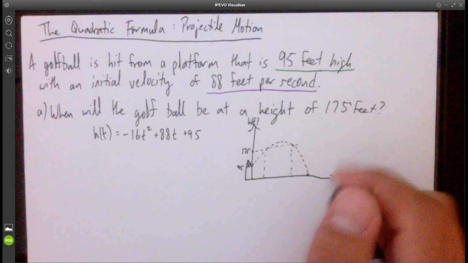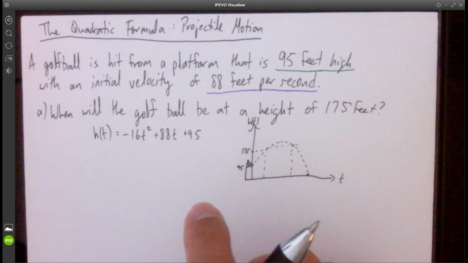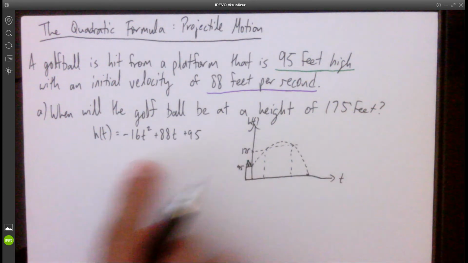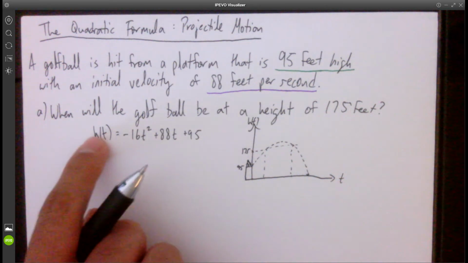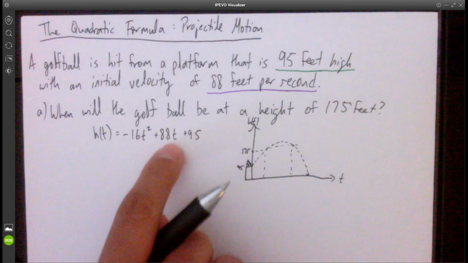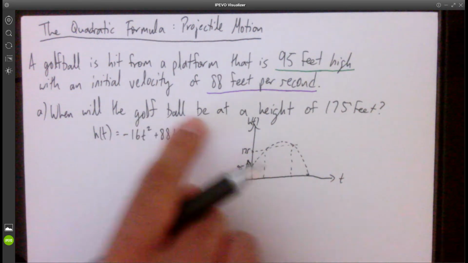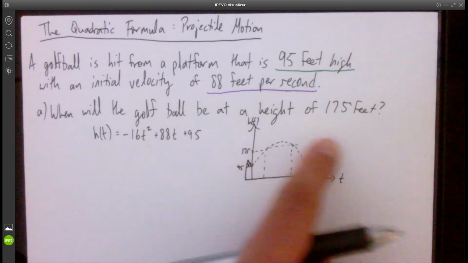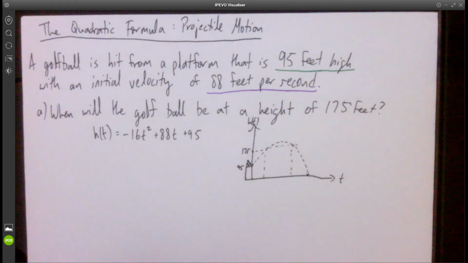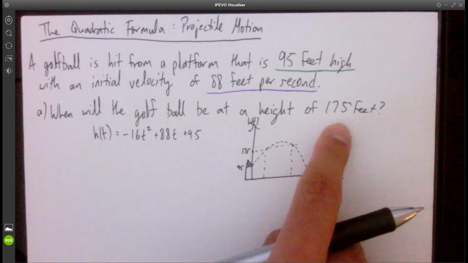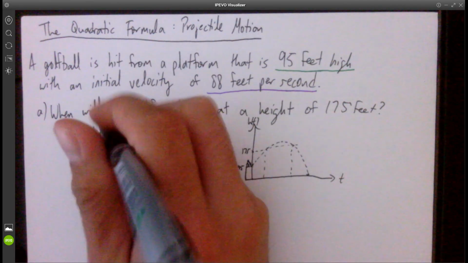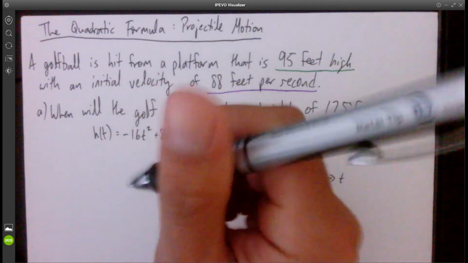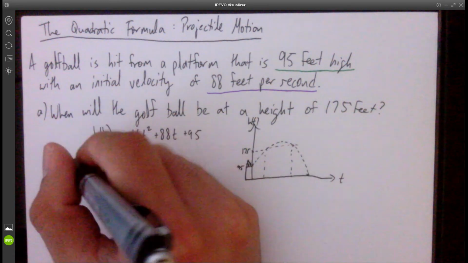I want to use this function of height with respect to time, and find out when this right here is going to equal that right over there. So I'm going to set my quadratic function equal to 175 feet.